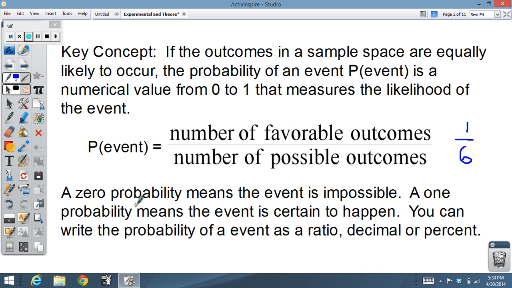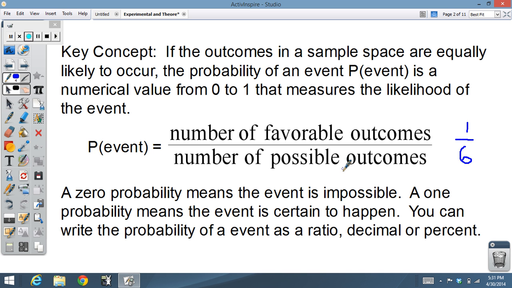All right, so a 0 probability means the event is impossible. The probability of rolling a 7 on one die is 0. A 1 probability means that the event is certain to happen. So the probability of rolling either an even number or an odd is 6 out of 6 or 1. Now we can also write probabilities as ratios or decimals or percents.